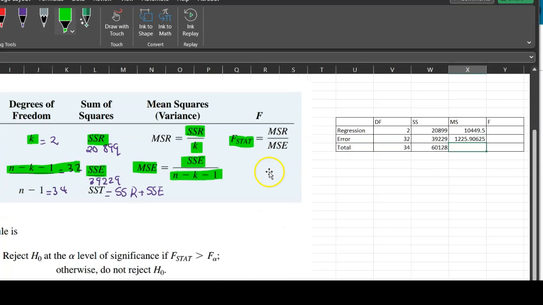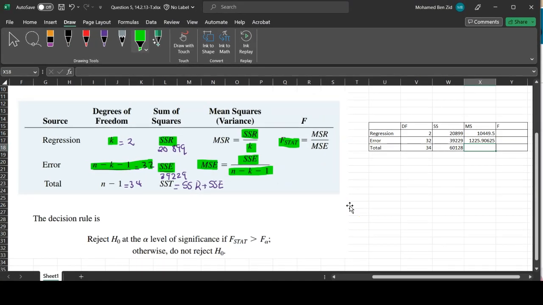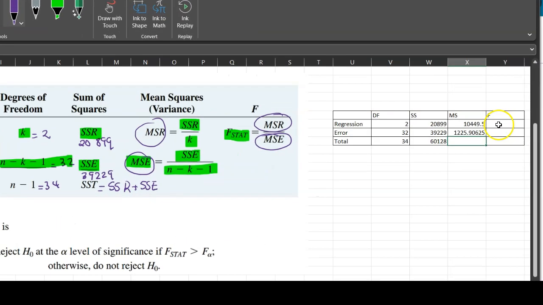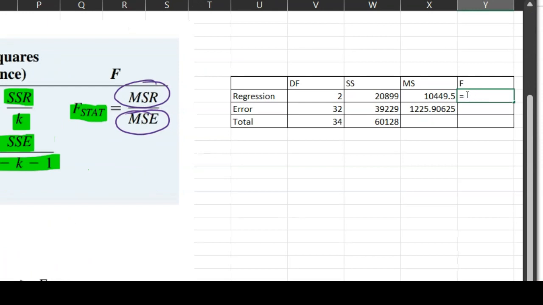Now the F value is the two values we just found, the mean square regression and the mean square error, divided by each other. That's your F stat. So equal sign, click on the number on top, divide by the number on the bottom. That's all.